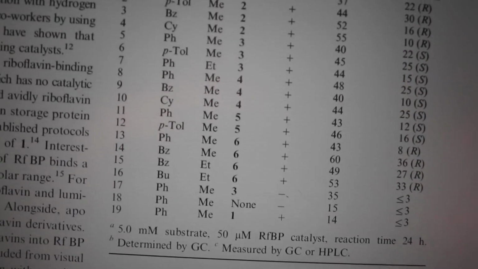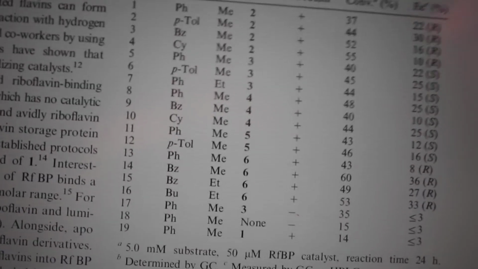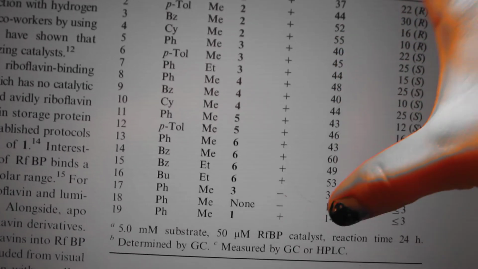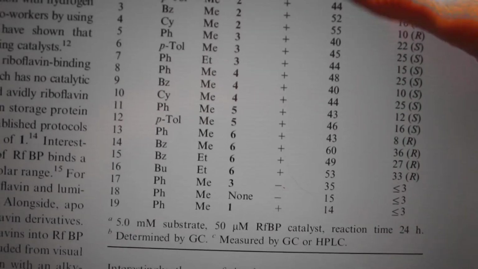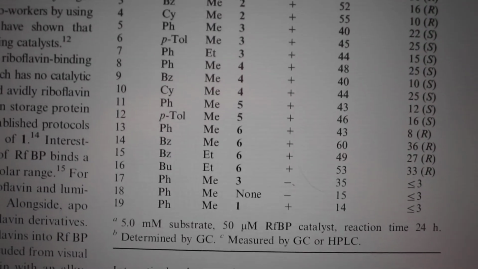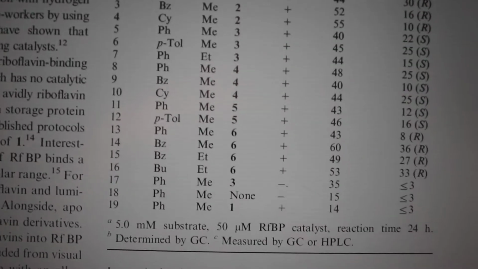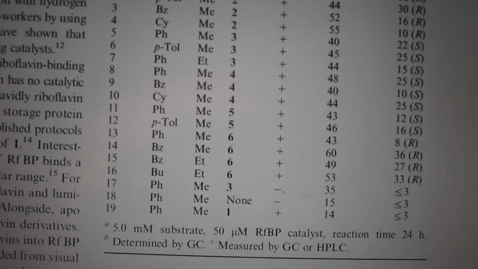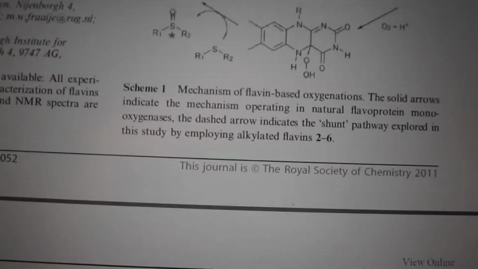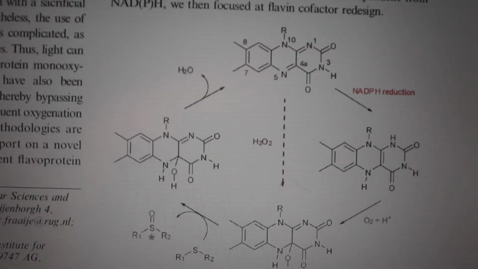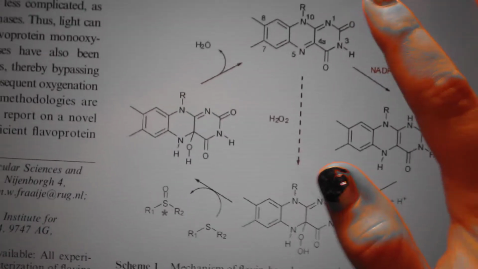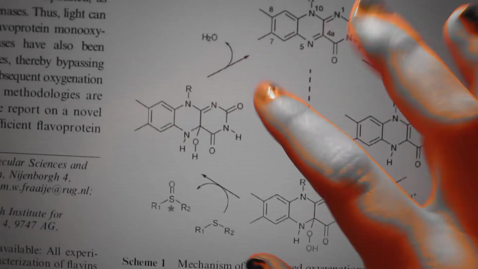The different R groups had different effects, and so the lower this was, the less it worked, but the higher it was, the more effective it was. So with a higher percentage and it being an R, it moved from here to here better than going from here to here to here.